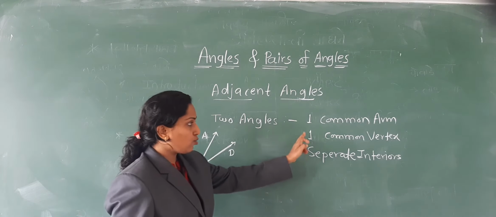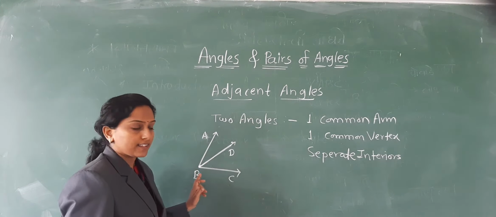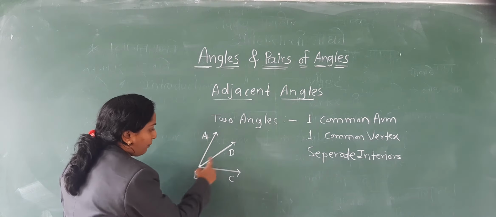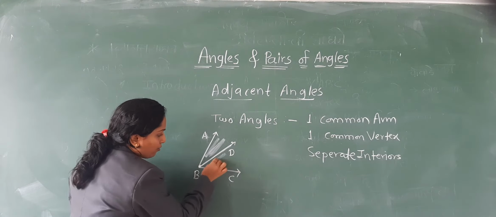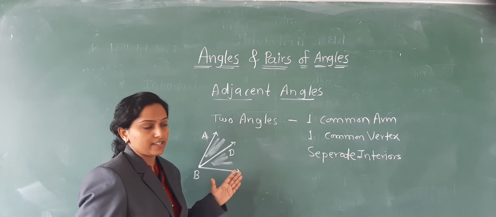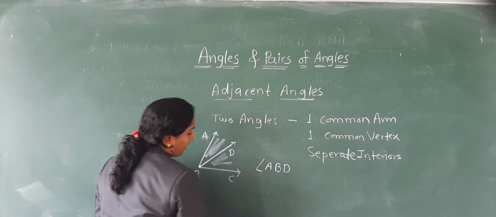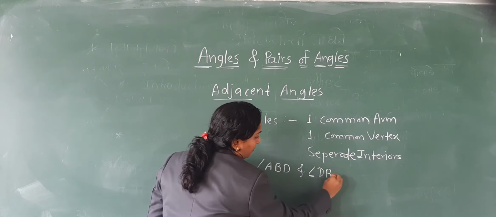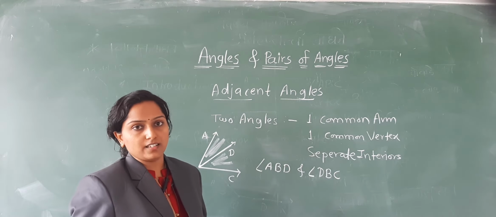So two conditions are satisfied here, one common arm and one common vertex. And the third condition is separate interiors. Angle ABD has this interior and angle DBC has this interior. So these two angles have separate interiors. That's why angle ABD and angle DBC are adjacent angles.